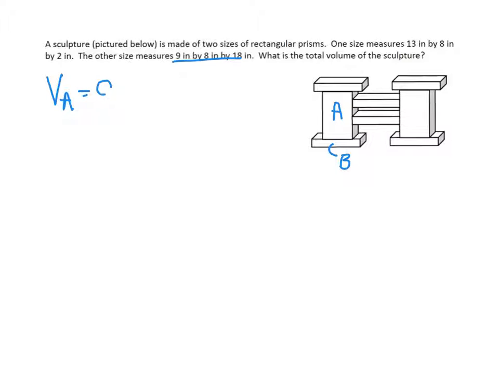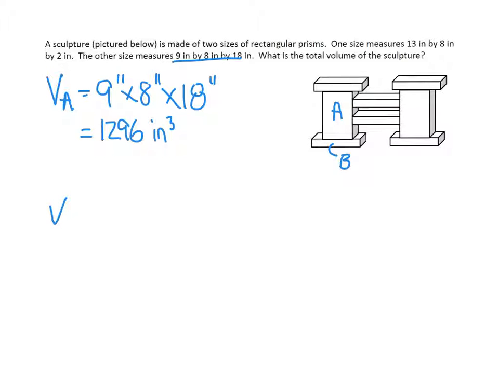So it's going to be 9 inches by 8 inches by 18 inches. And after I do that multiplication, I get 1,296 cubic inches. Volume of shape B, they tell me, is 13 by 8 by 2.